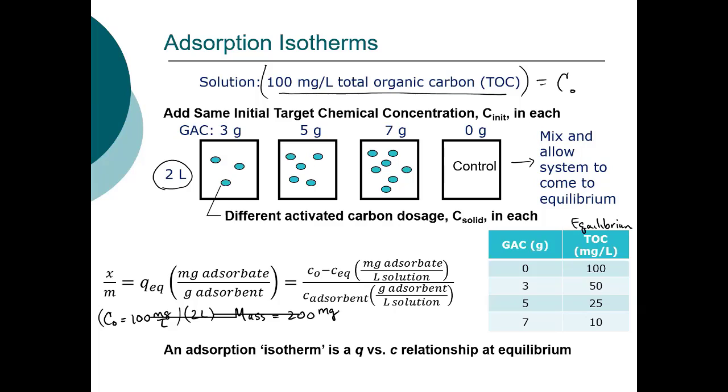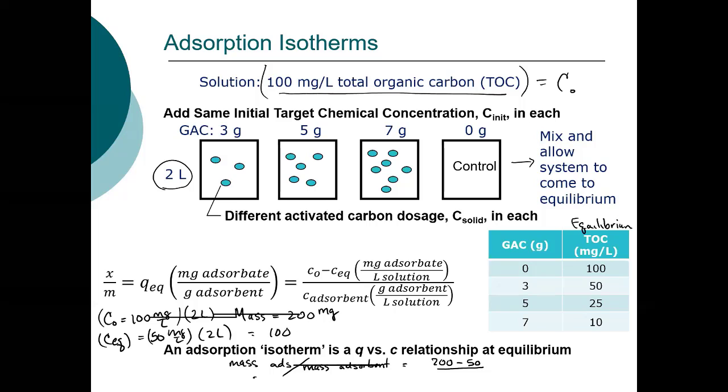So the mass adsorbed per mass of adsorbent is equal to 200 minus, actually, the C equilibrium is 50 milligrams per liter times 2 liters.